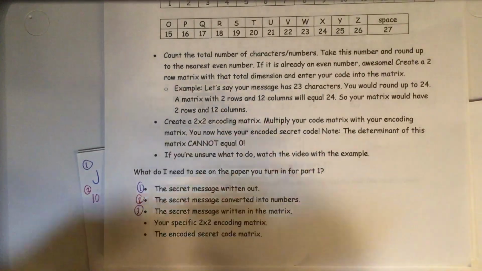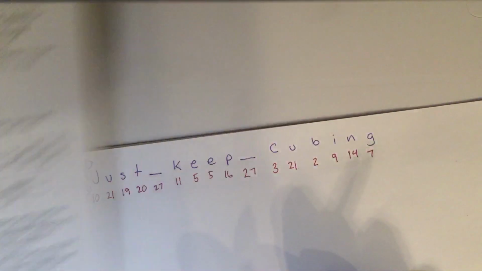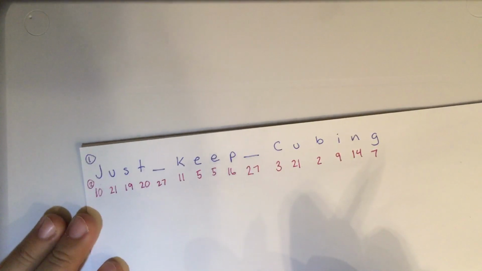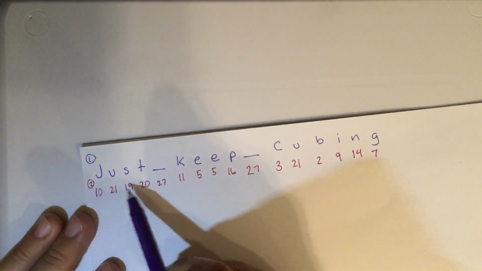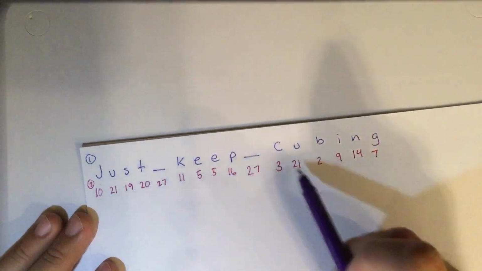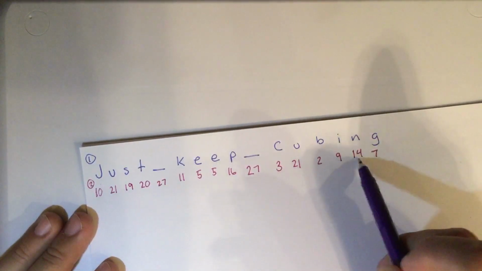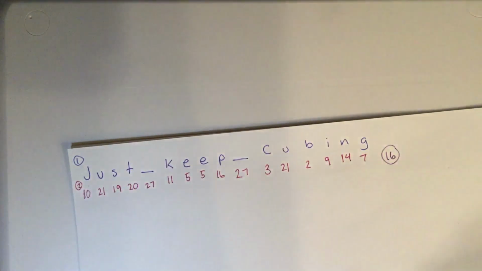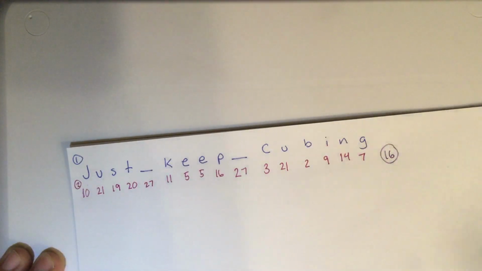I'm going to count each one up, and it's going to be 2 rows by however many columns. So this is 1, 2, 3, up to 16. Since it's 16 numbers, I don't have to round up. If it was 13, I would round to 14. If it was 17, I would round to 18. But since it's 16, I don't have to worry about that.